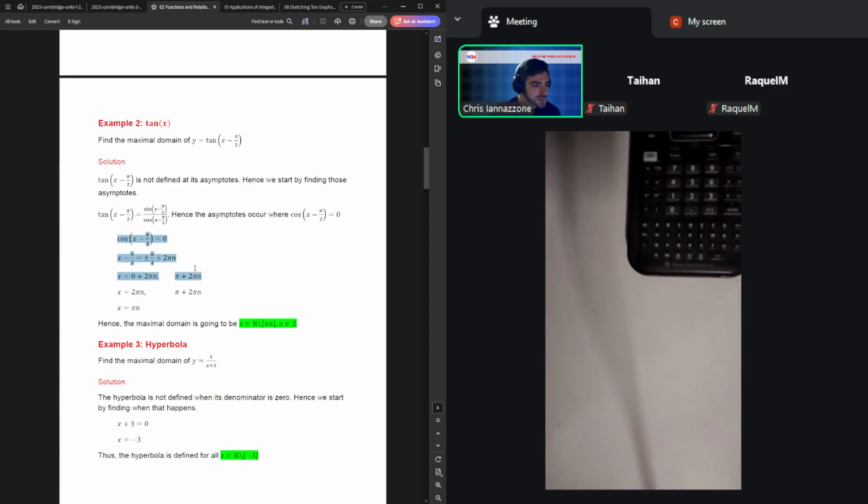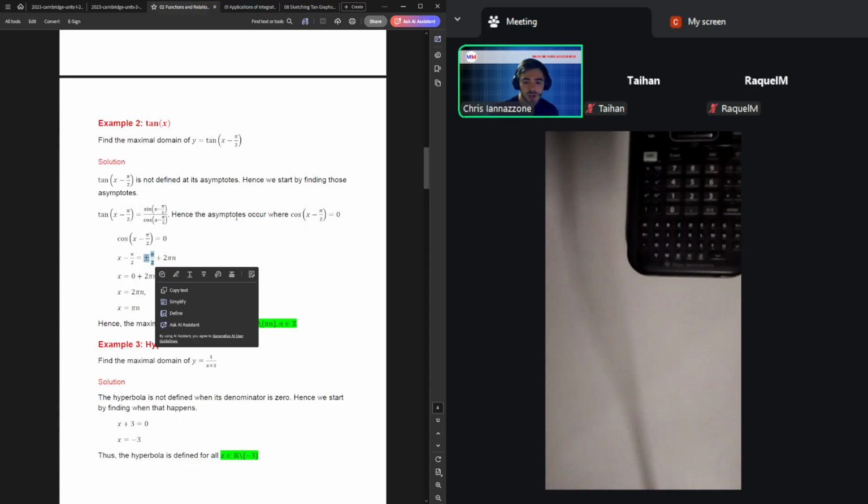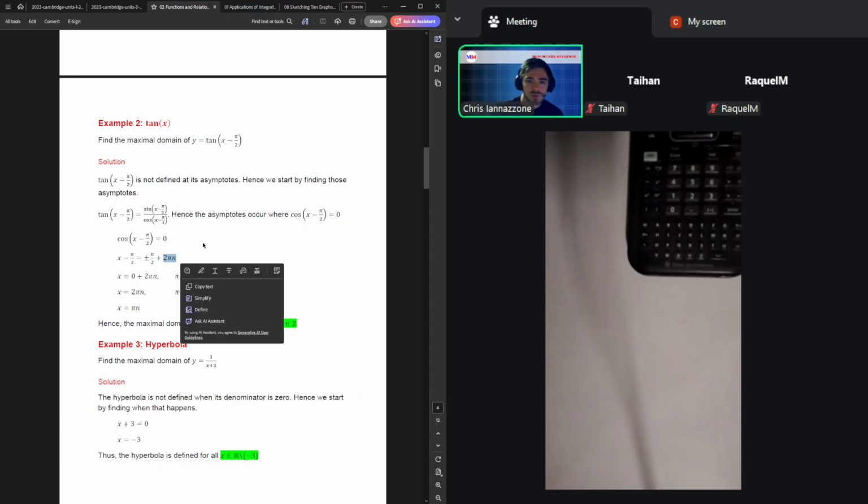For those who have done circular functions before, all we're doing is basically getting the general solution to this circular function. We want to figure out where cos equals 0, which is going to be at the pi over 2 and 3 pi over 2 spots on the unit circle, and then every other revolution from there. That's what that 2 pi n there is for. From there, we're just rearranging for x and then condensing things down as neatly as we possibly can.